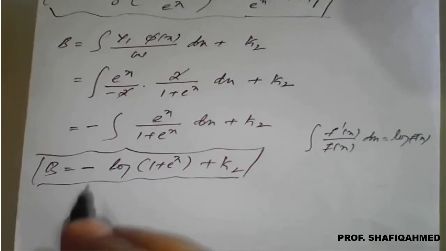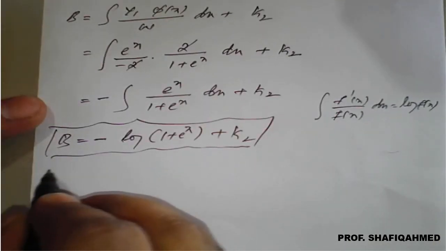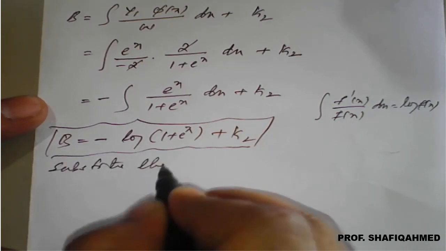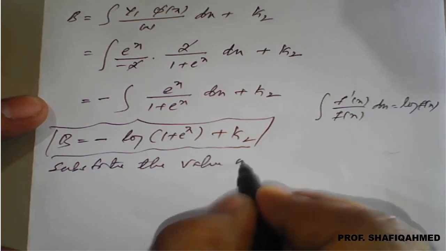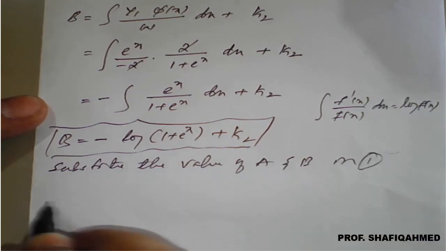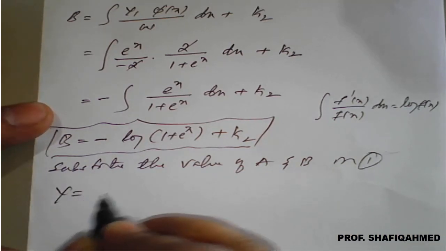So therefore substitute the values of a and b in 1. So what happens? So y is equal to a value, what we got?